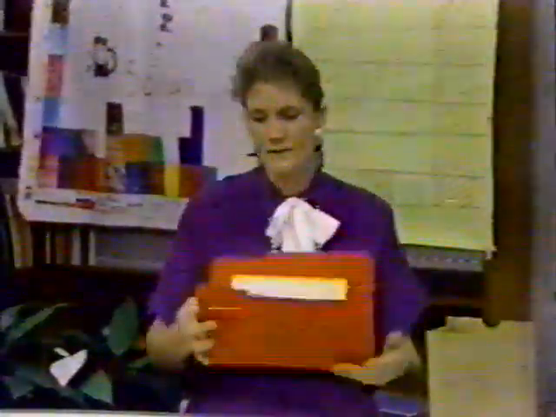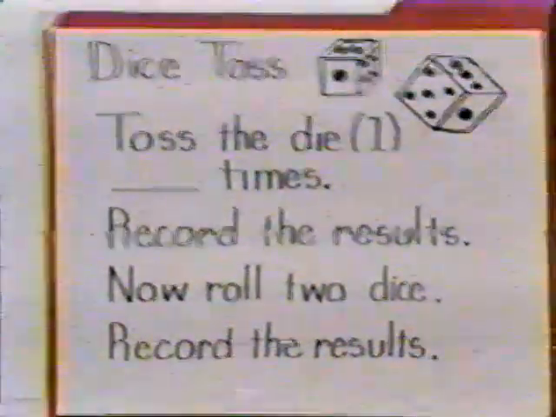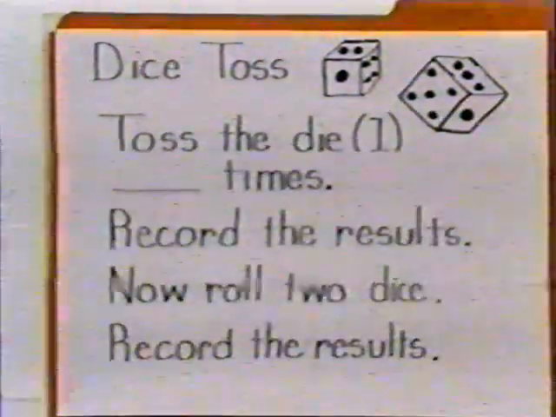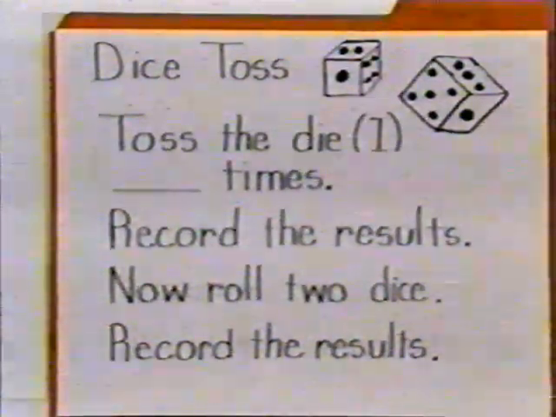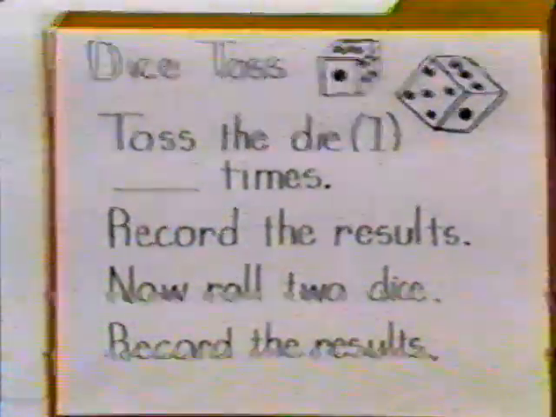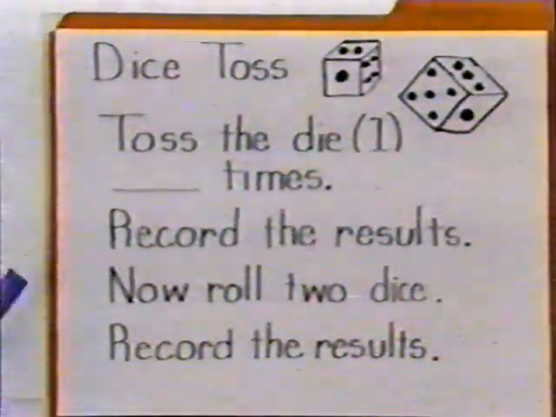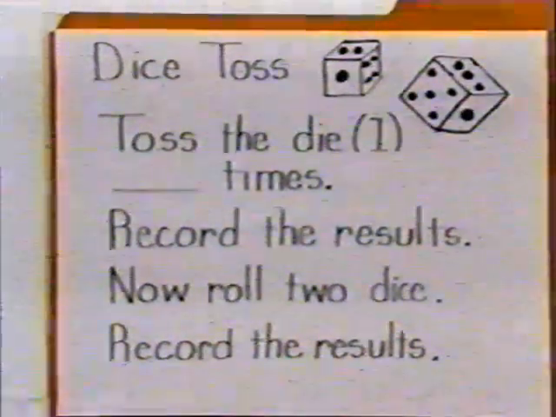The next activity is dice toss, and it too is just rolling the dice and finding out which numbers come up. Now, unlike the other one where you were just recording the number of times that you rolled, here you're not only going to record it each time you roll, but you're going to record the number.